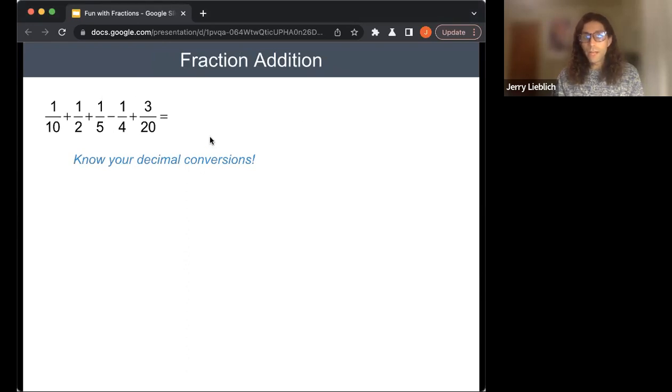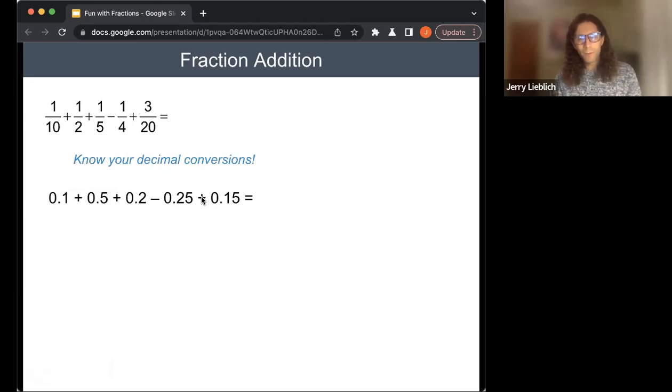And you can use your calculator for that, but it's also really helpful to know some of these conversions. That 1/10 is 0.1, 1/2 is 0.5, 1/5 is 0.2, 1/4 is 0.25, 1/20th is 0.05. I have a hard time remembering that, but you can think of it as half of a tenth.